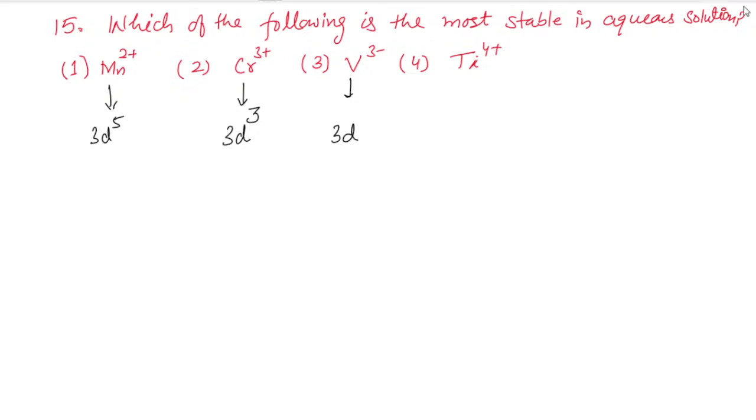So vanadium 3 plus is 3d2, and titanium 4 plus is 3d0, right? Mn2 plus, Cr3 plus, vanadium 3 plus, and titanium 4 plus.